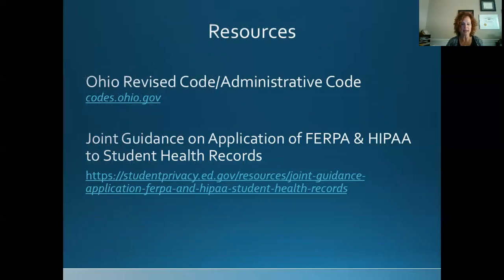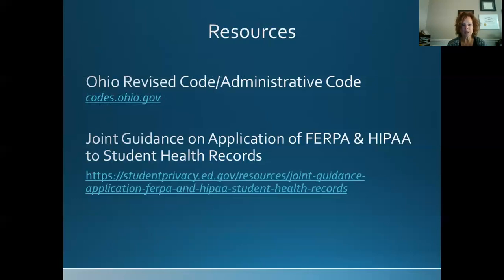And then on this last slide, I have a link to the Ohio Revised Code and the Administrative Code. They can both be found at codes.ohio.gov. You can look up Ohio's confidentiality laws there for behavioral health records under the Department of Mental Health and Addiction Services, rules and statute. And you can also look up the statutes that provide for minors to receive confidential mental health and addiction services as well.